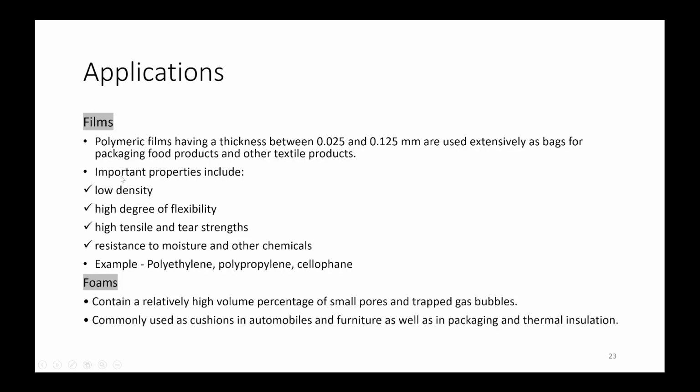Other important properties of these polymeric films are that they are required to have low density, a high degree of flexibility, high tensile and tear strength, and resistance to moisture and other chemicals. Examples are polyethylene, polypropylene, cellophane, etc.